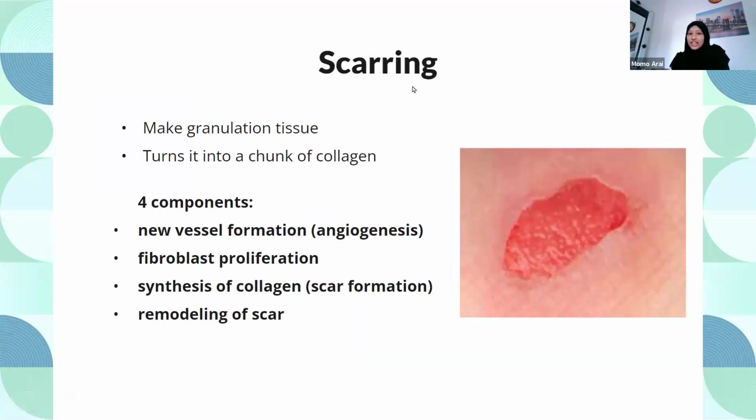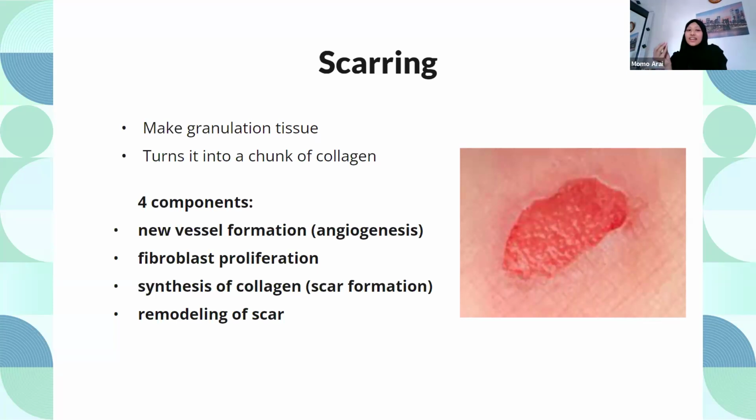So the main result of scarring in repair is to make granulation tissue, a new type of tissue to make up for the injured space, and to turn this into collagen or fibrosis, and remodel that tissue to be able to live within the original tissue.